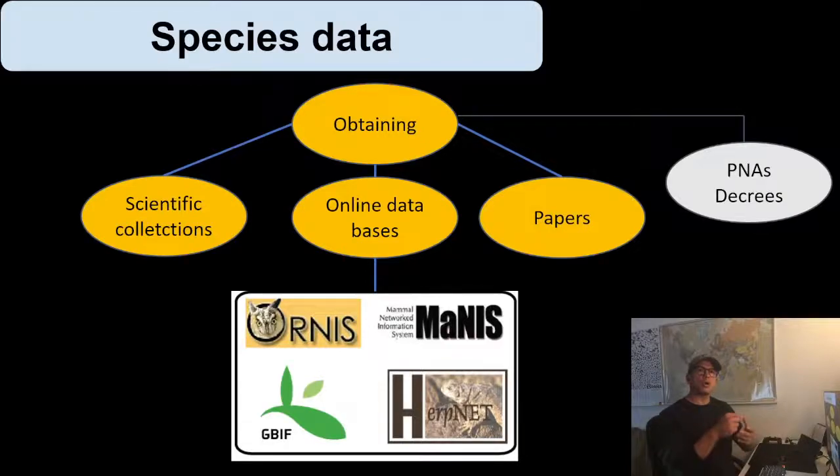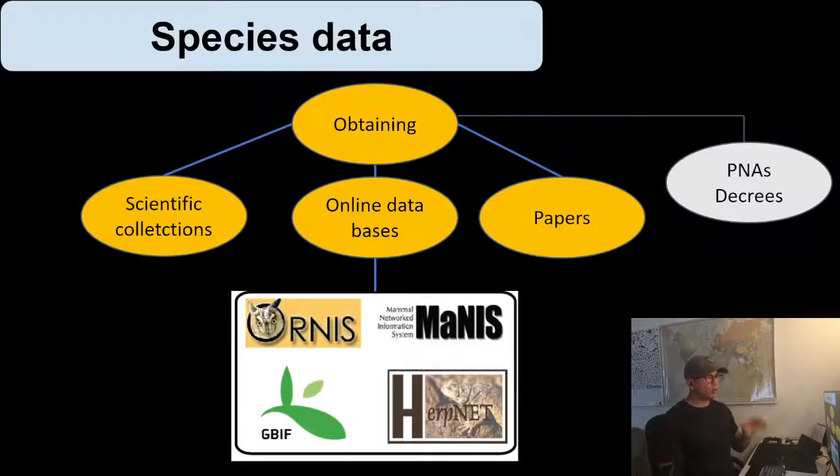So once we select them, the occurrences, the points and locations, were acquired from either scientific collections or online databases, which were the most prevalent collection of data that we had, right? We corroborate with some papers, and even protected natural areas, but those were not specific, because we were looking for specific coordinates.